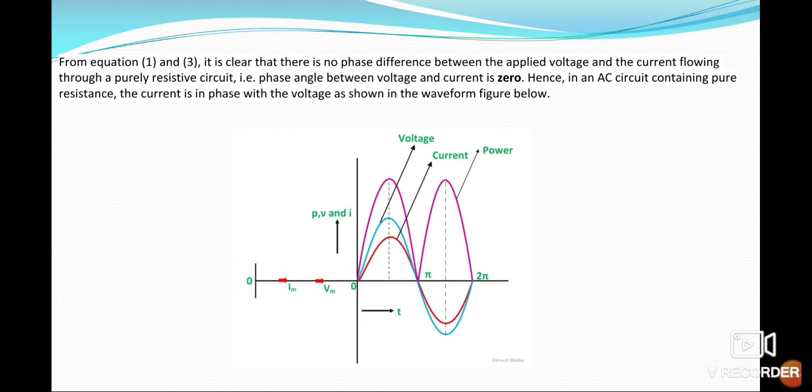as shown in the waveform. In the given figure, we can see the blue waveform is representing voltage, and the red waveform is representing current. The peak value of voltage and the peak value of current both attain a maximum value at pi by 2, and they start at the same time from the origin.